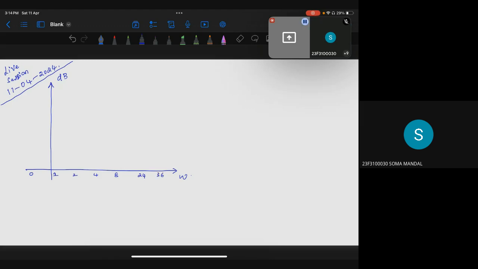Hope you can see this image. Okay. So this one starts at 2, then zero, then goes like this, then till 24, then 36, then something like this.